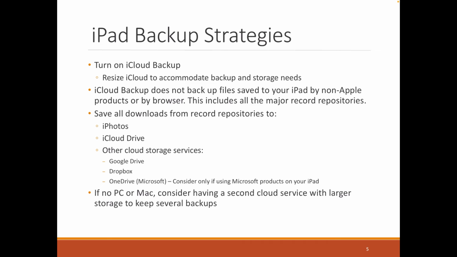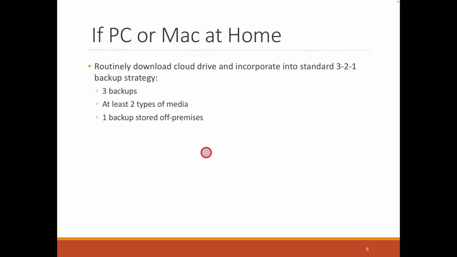Anyway, enough about that. I won't go into backup strategies, but this is sort of the rule of thumb for everybody. If you can have access to a Mac or PC at home, they advise having 3 backups on at least 2 types of media.